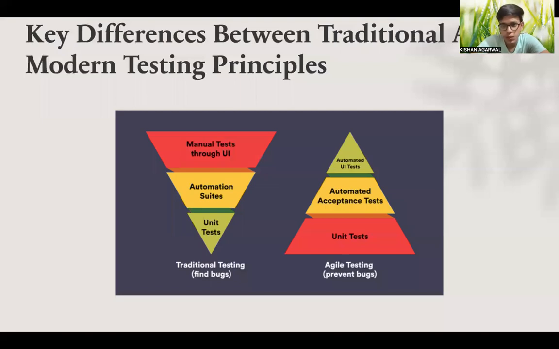This is the key difference between traditional and modern testing principles. Traditional testing will find the bugs, whereas agile testing will prevent the bugs. Manual tests through UI, automation suites, unit tests, whereas agile uses automated UI tests, automated acceptance tests, and unit tests.